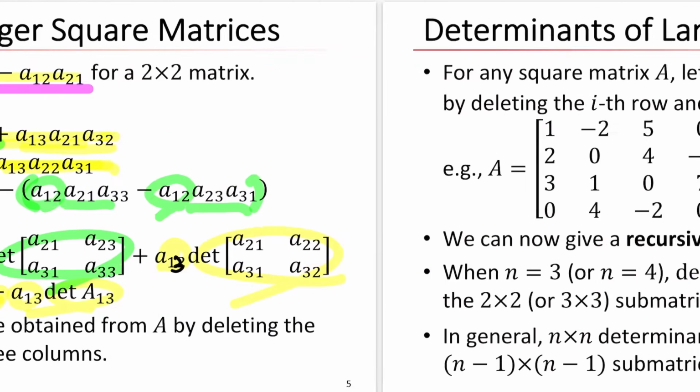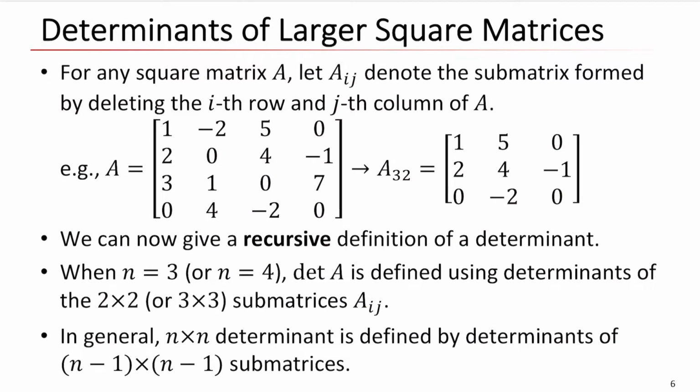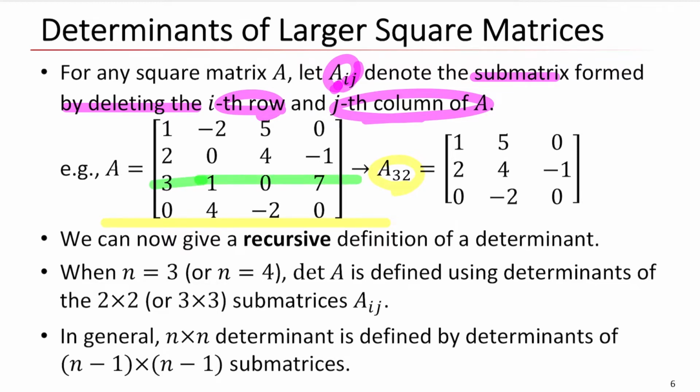A11, define something like that. So let's say Aij denotes the submatrix formed by deleting the ith row and jth column. So if the A matrix is something like this, then A32 means deleting the third row and second column, then the remaining thing is 1 2 0 1 2 0 here.